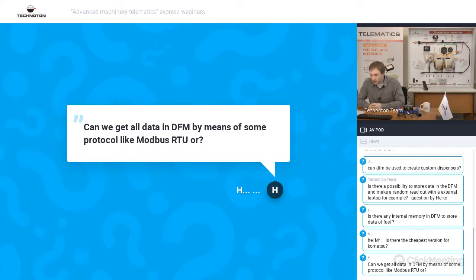Can we get all data in DFM by means of some protocol like Modbus RTU? Dear Hussein, DFM Marine, DFM Industrial, and small DFM are available with different output interfaces. There is a Pulse interface, an RS-232 interface, an RS-485 interface, and a CAN interface.